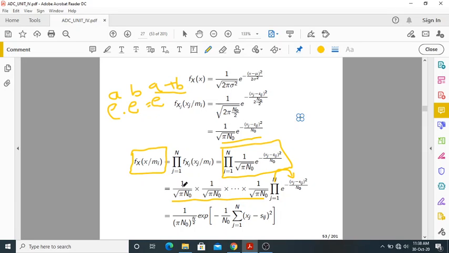Now if you multiply 1 by root pi n naught n times, what do you get? 1 by pi n naught whole power n by 2. So you find this into e power, now this product becomes summation: minus 1 by n naught summation j equal to 1 to n xj minus sij whole square. Now this is the conditional PDF of capital X given Mi.